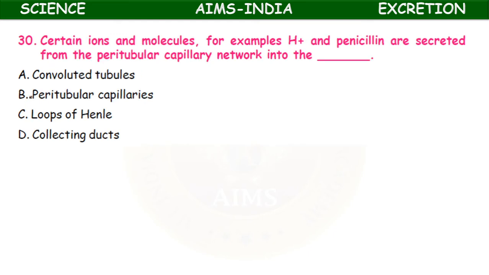Okay, so limbs will swell. Certain ions and molecules, for example H plus and penicillin, are secreted from the peritubular capillary network into the dash.